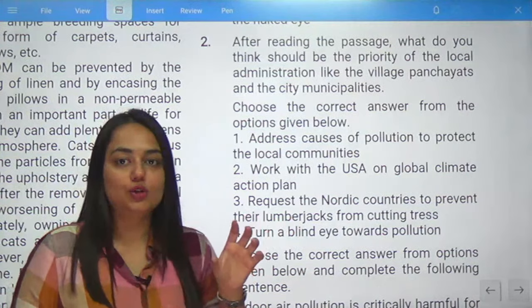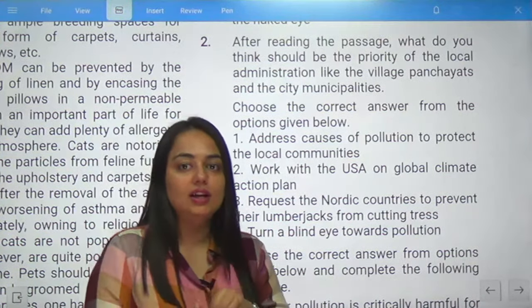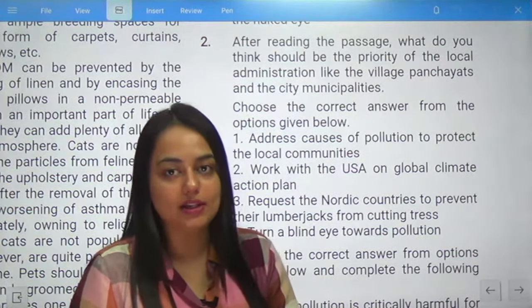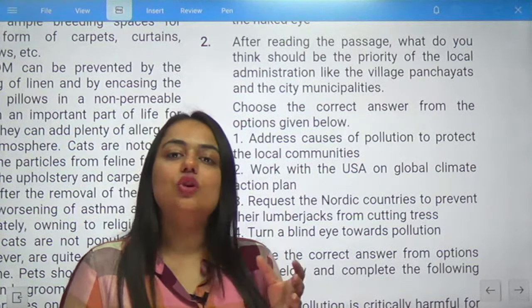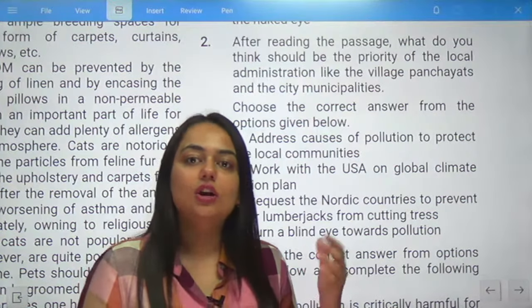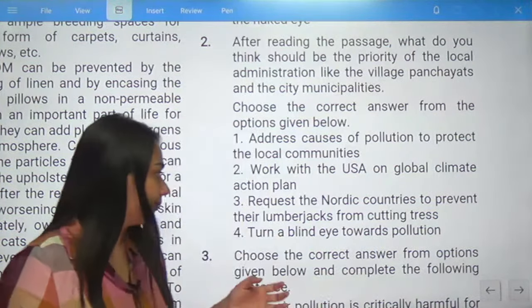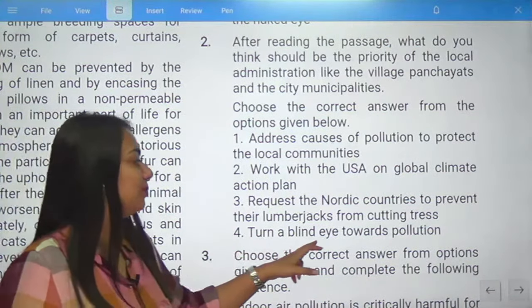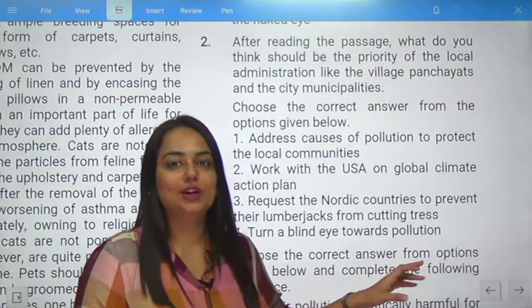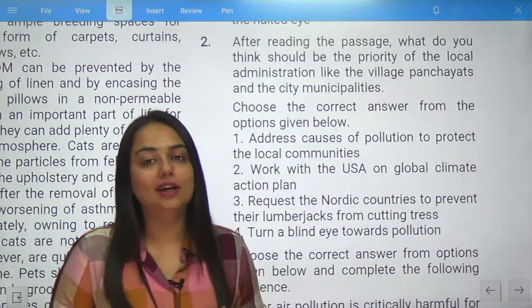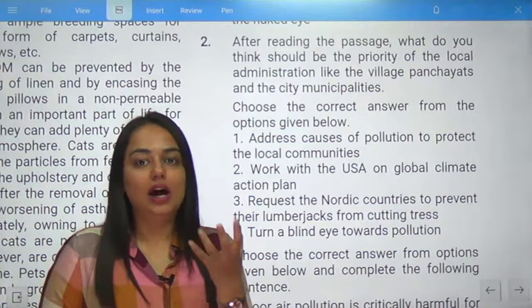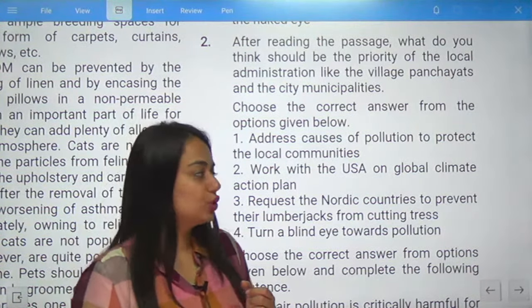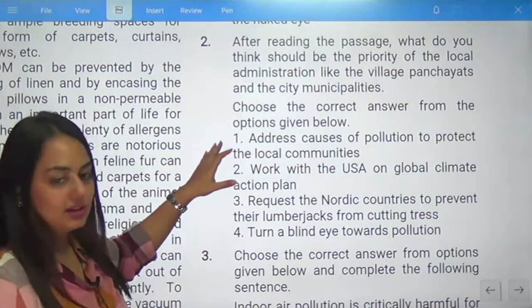Again, Nordic countries के लिए specific नहीं है. This thing that was discussed in the passage, indoor pollution, it is common to each and every country. So it's not about USA or Nordic countries. Fourth one is turn a blind eye towards pollution. Now this is contradicting the author, right? The idea that he was trying to convey in the passage. Only answer is the first one.